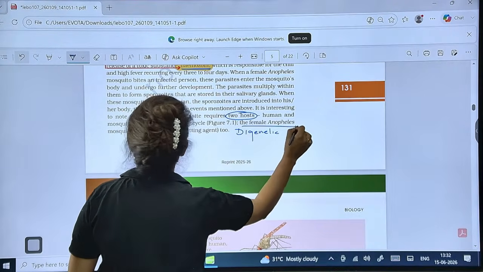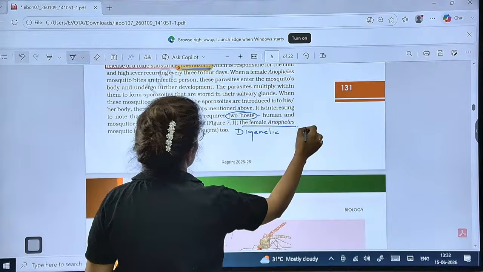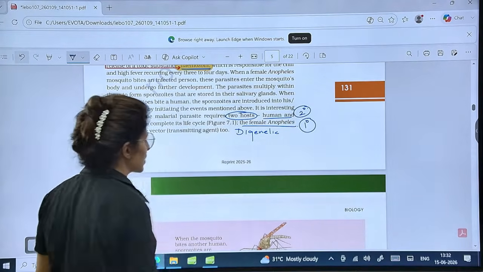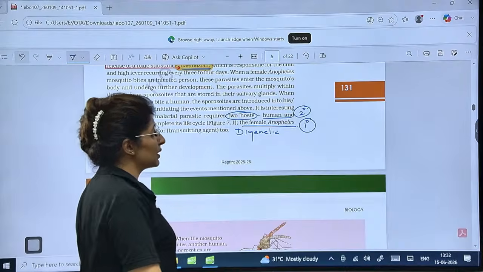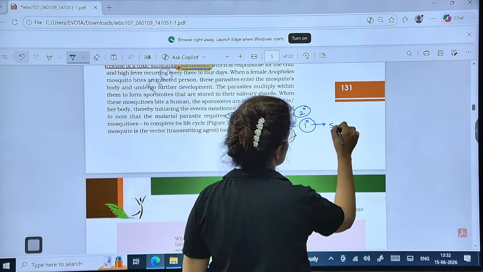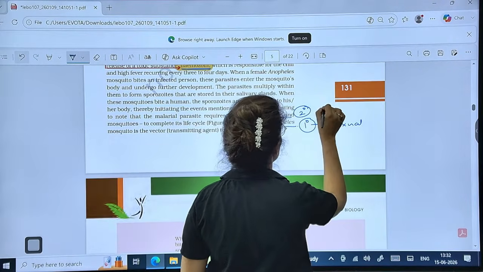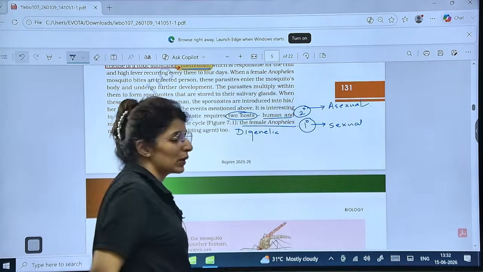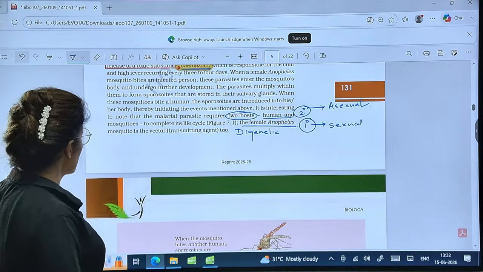One is the female Anopheles, which is a vector and the primary host, and human is the secondary host. Why is the primary host female? Because it shows sexual stages or the sexual cycle, and human has the asexual stages. So the one with sexual stages is known as the primary host.